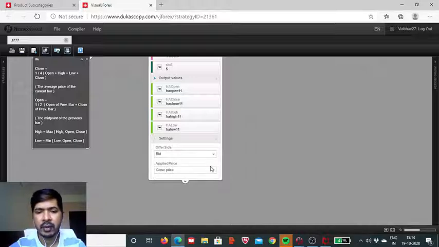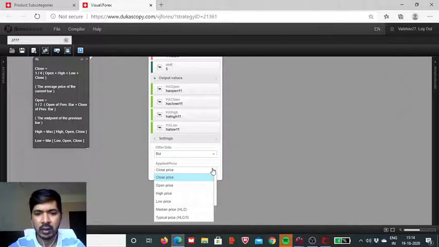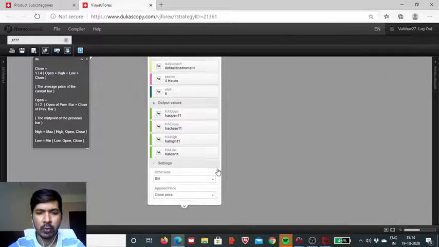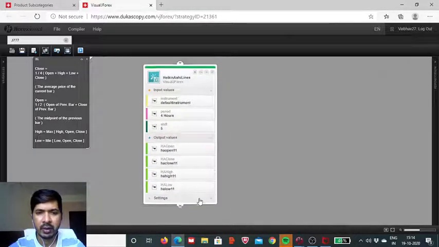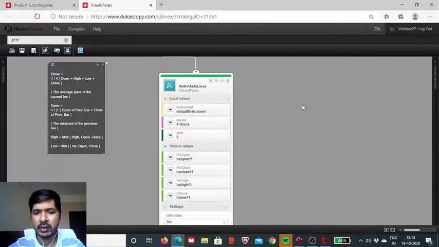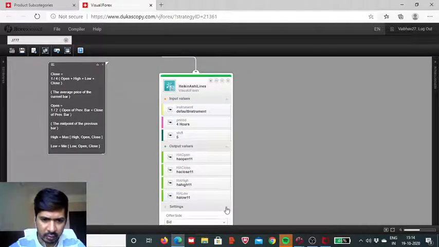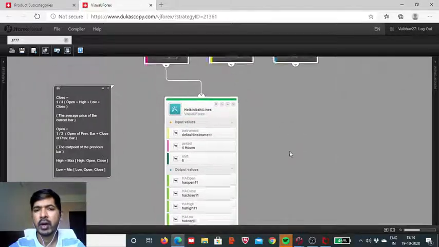That's mainly because we have to rely on calculations which are custom made for the Heikin Ashi, and because of that the applied price is not much of a concern in the calculation of output values for the Heikin Ashi indicator.